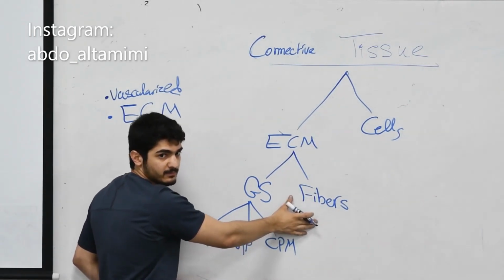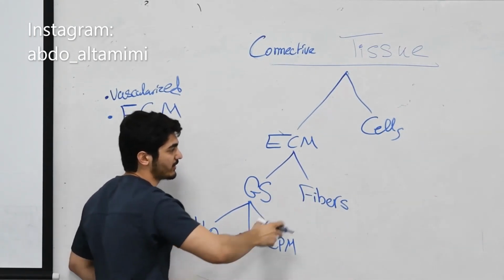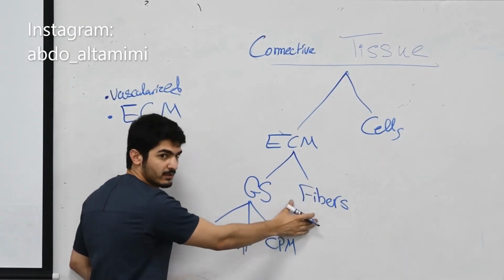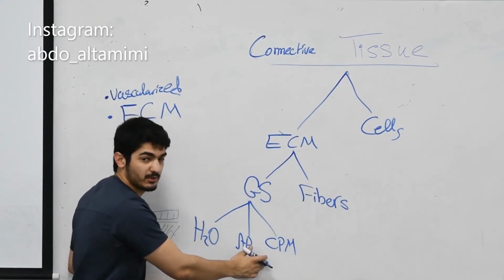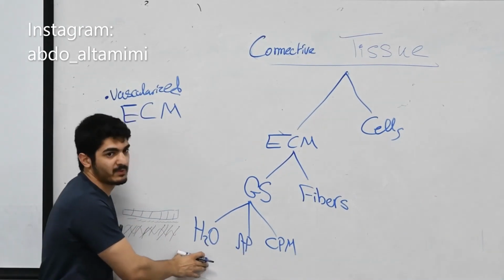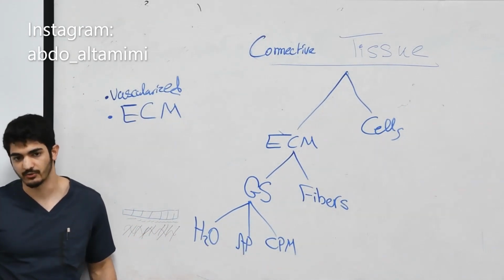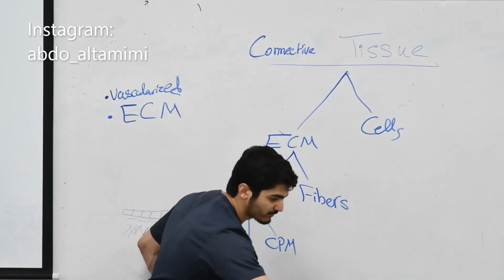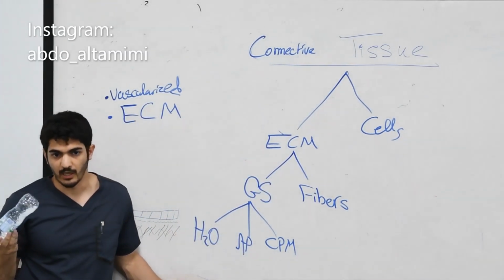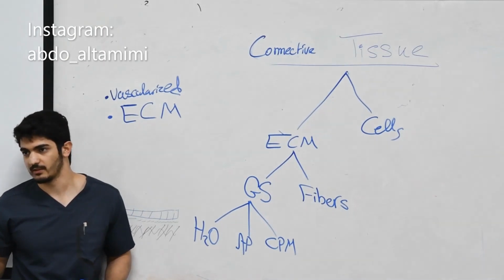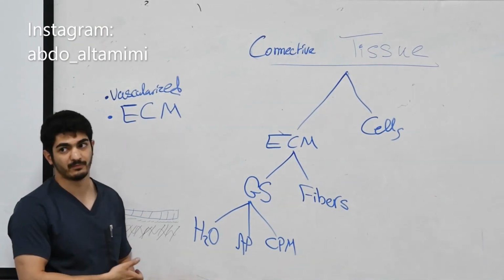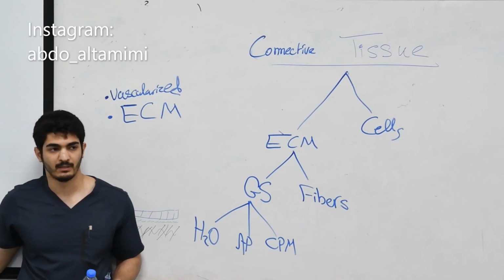Okay? Charged polysaccharide molecules: their job is that they trap water. The more it traps water, the more fluid-like the extracellular matrix is going to be. For example, it could be fluid-like water, or it could be gel-like, like toothpaste, or it could be solid, like bones or the urine. Okay?